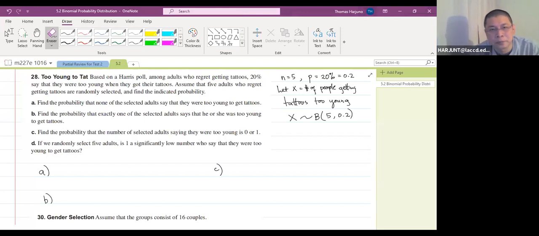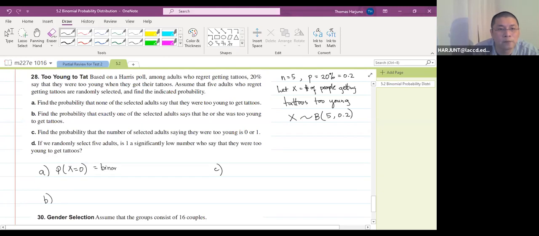Part A. The number of tries is 5. The probability of success is 20%. Part A: find the probability that none of the selected adults say they were too young to get tattoos. So the probability that x equals 0 equals binomPDF(5, 0.20, 0).